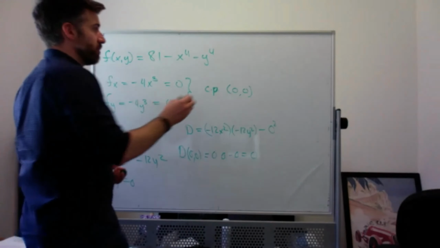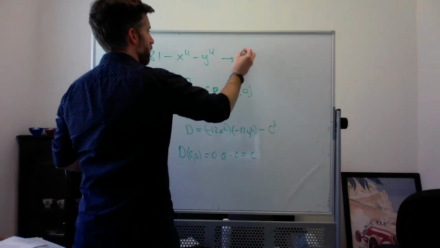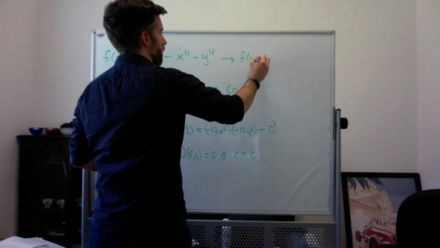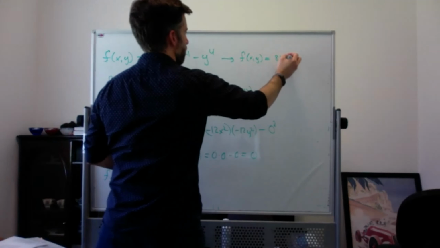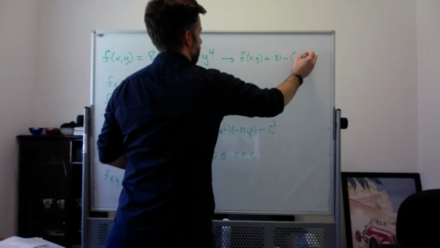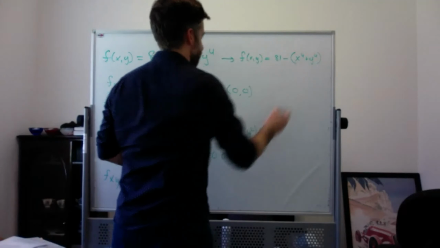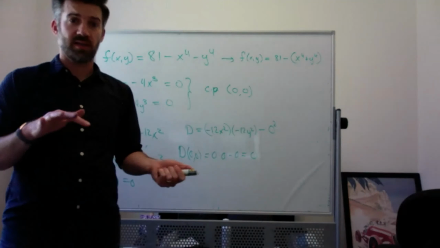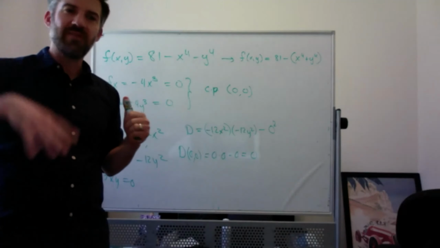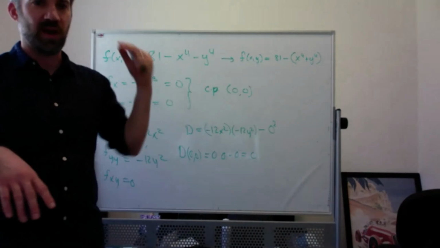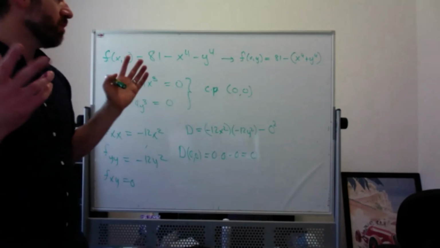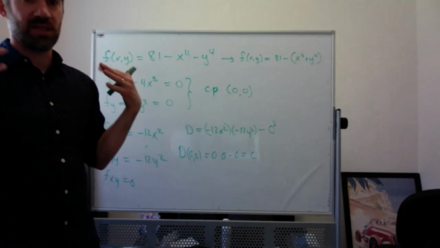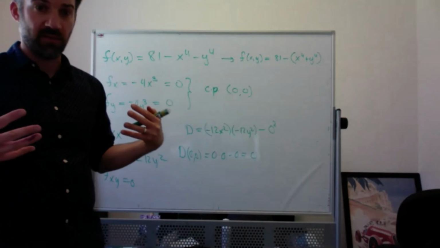So here's the thing. My function, f of x, y, I could totally write it as 81 minus the quantity x to the fourth plus y to the fourth. When you see things like x squared plus y squared, or x to the fourth plus y to the fourth, or x to an even power plus y to an even power, you should automatically think, oh, I am seeing something that is always positive.